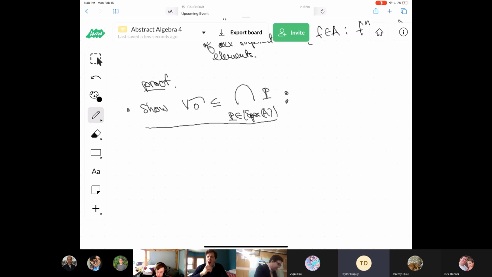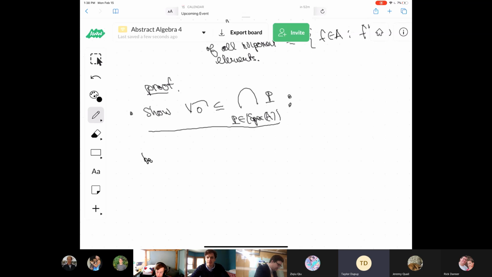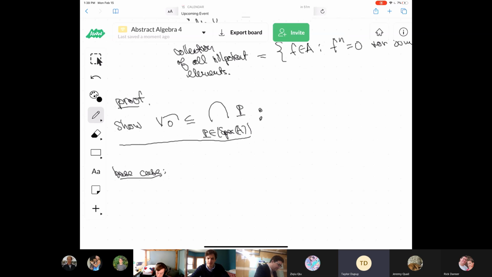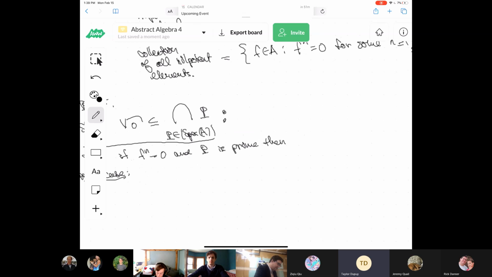Okay, so let's do the base case. What we're going to show is, if f to the n is equal to 0 and p is prime, then f is an element of p.